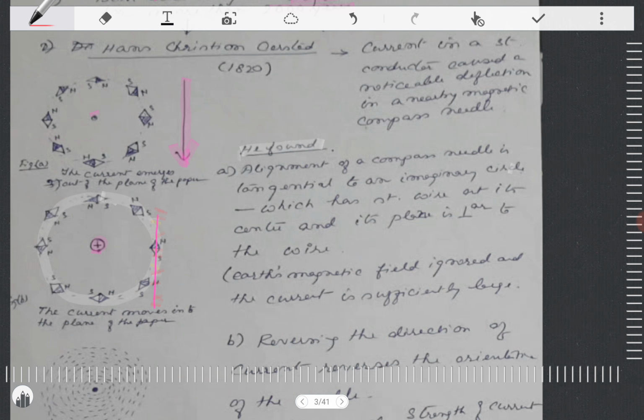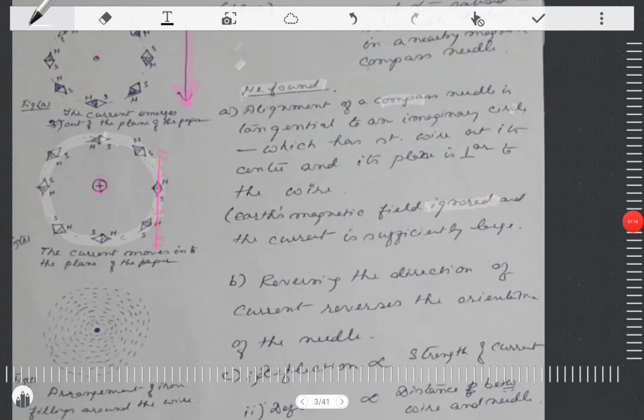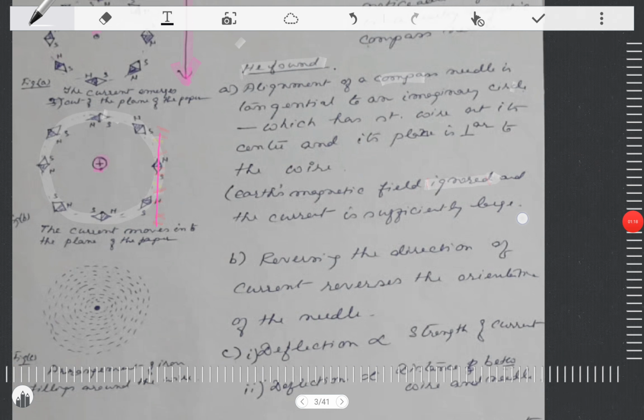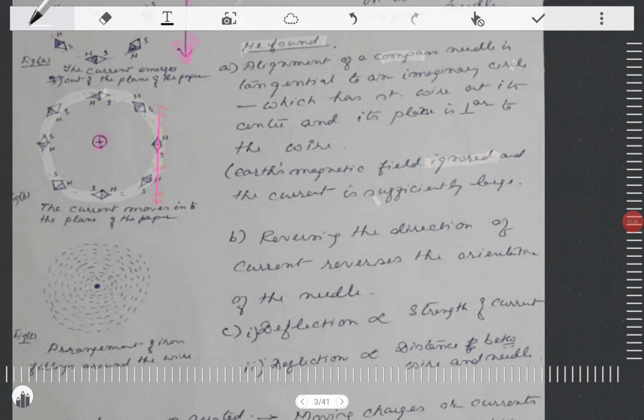There is a compass needle. In this case, we ignore the Earth's magnetic field, and the current is sufficiently large. These are the two conditions: Earth's magnetic field is ignored and the current is sufficiently large.